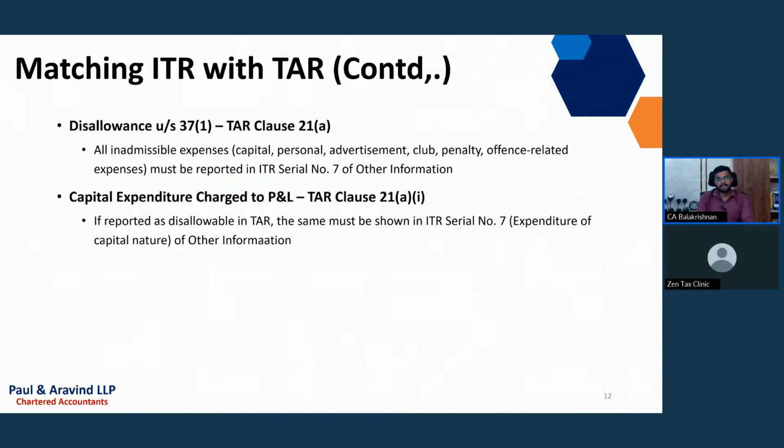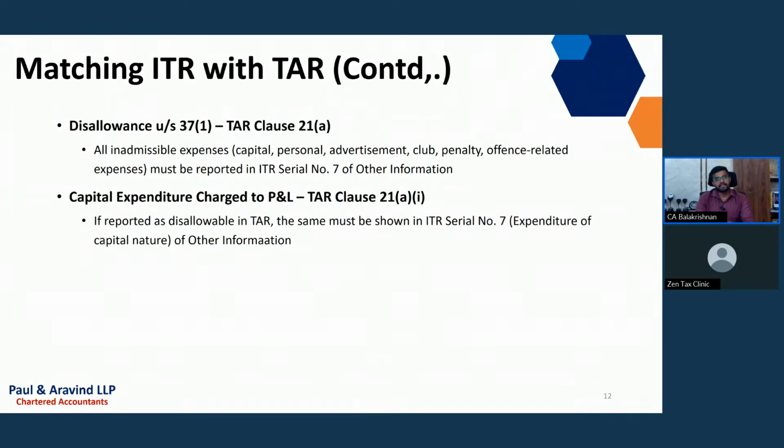And capital expenditure, as I said earlier, clause 21A1 covers capital expenditure. This needs to be disallowed if the books of accounts are not correct. Then the tax auditor can inform the assessee to correct the books of accounts before filing the return.